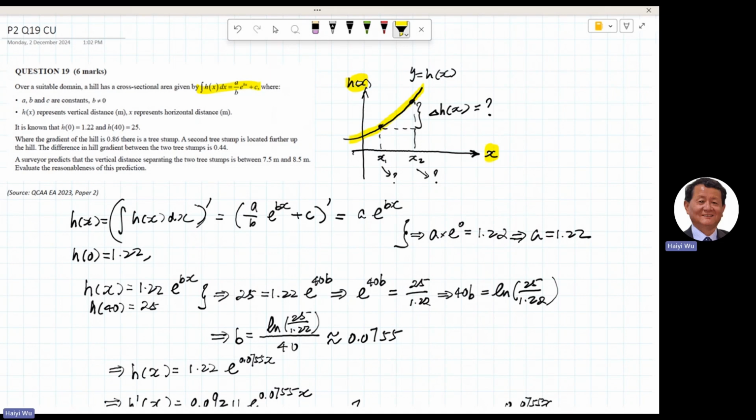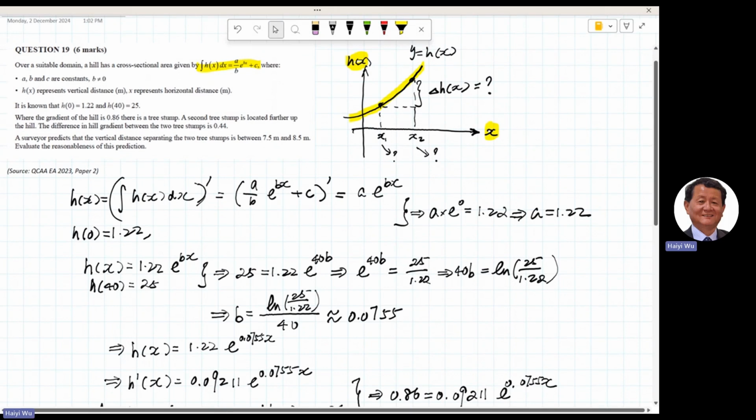We're given two conditions. One is when the hill is at the lowest position, which is when x equals 0, so the left-hand endpoint of the domain is 1.22. The other end of the domain is 25 meters high.